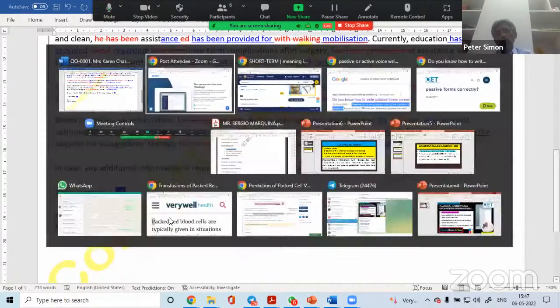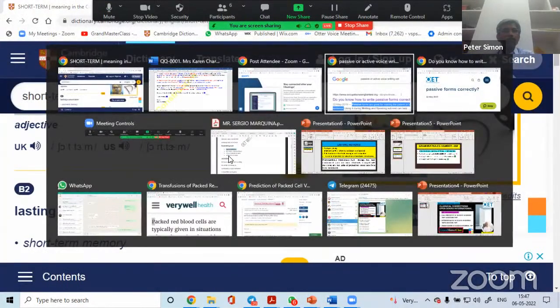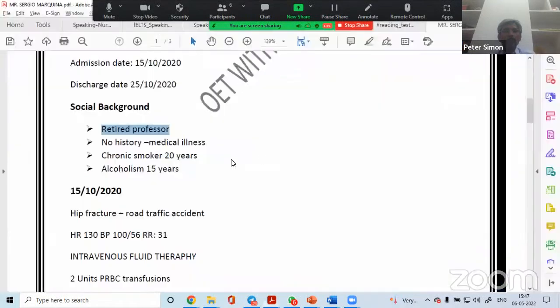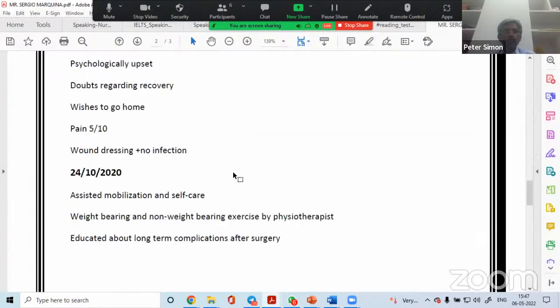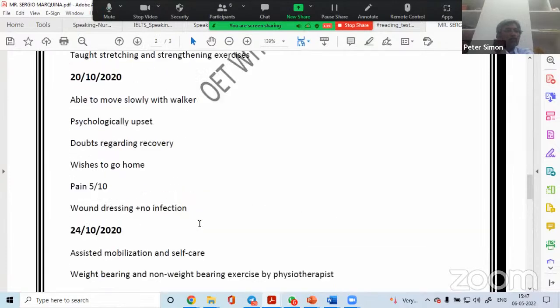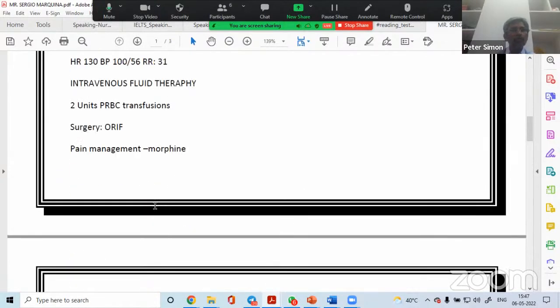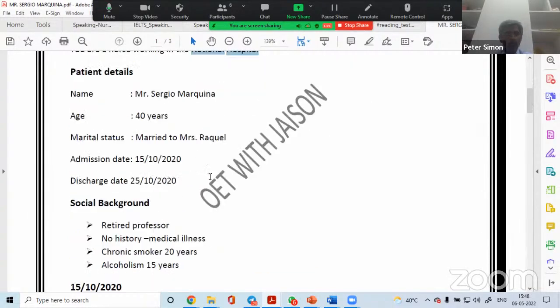Nurse. You're a nurse. In case notes, referral to physiotherapy rehabilitation at home. So you are a nurse. Where are you a nurse? You are a nurse working in the national hospital. So, national hospital post-operative ward, because after the operation, post-operatively, you were told.